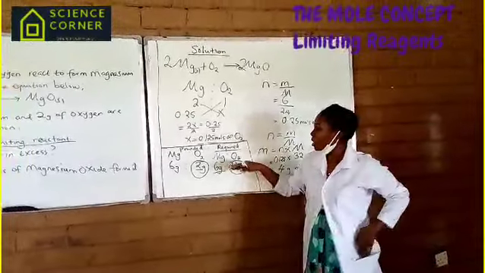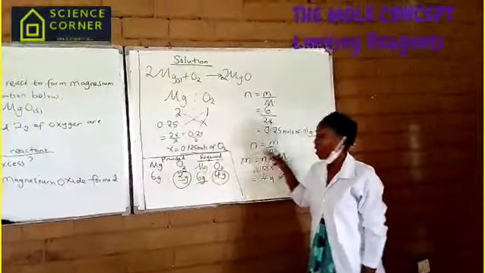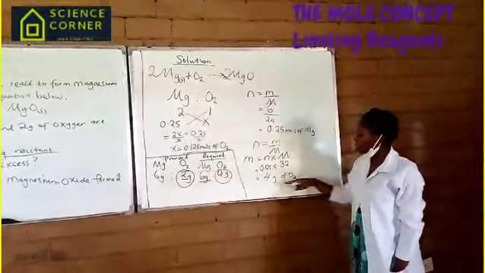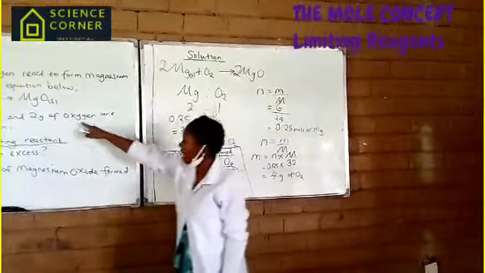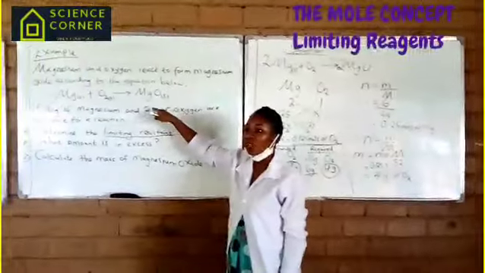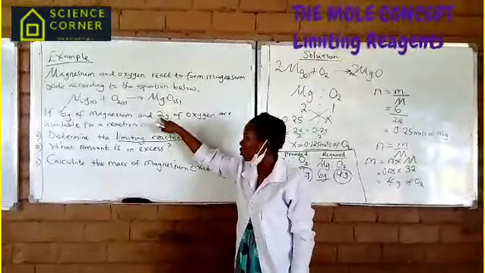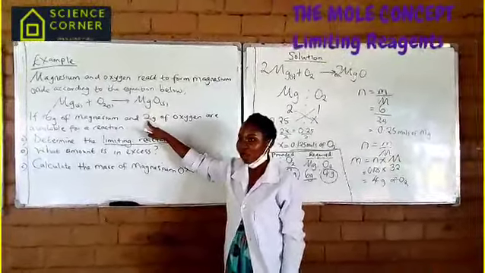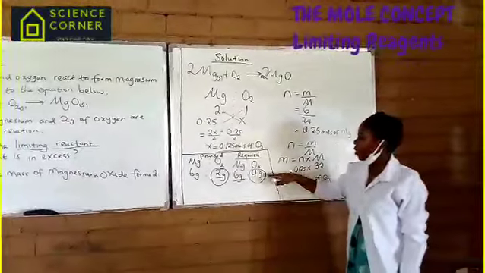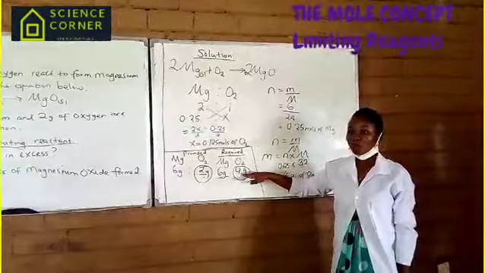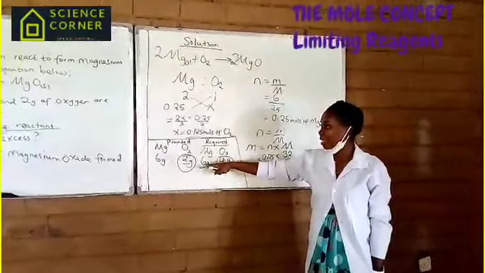Okay, so you simply compare the mass of what you have calculated. What you have calculated is 4 grams, but what was given was less. So because this was less, it simply means that it is going to finish fast in the reaction. It was 2 grams which was provided for this reaction to proceed, but in normal circumstances, it was supposed to be 4 grams required to react with 6 grams of magnesium.